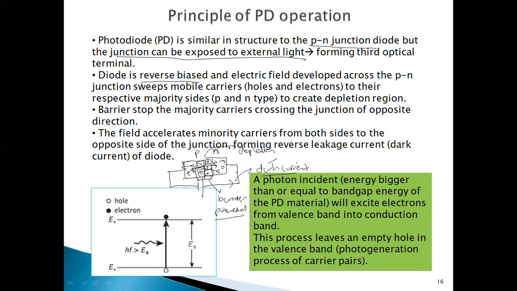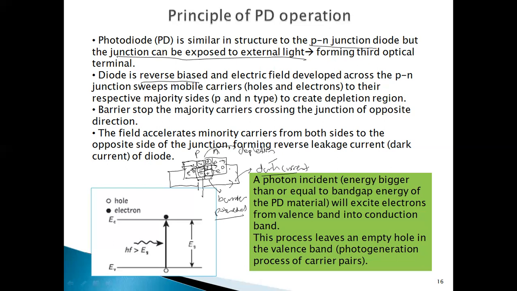This is a result of the flowing of minority carriers, which are the electrons in the P material and holes in the N material, without photon incidence on the PN junction of the diode.